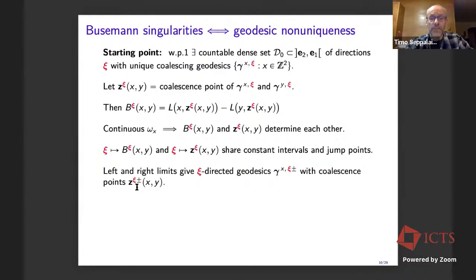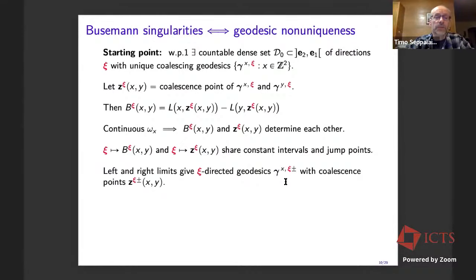You get the limits. So in other words, from this initial skeleton of geodesics in the good directions, we can now get a full collection of geodesics in all directions with this plus minus correction, because we don't know if limits coming from both sides actually come together. There can be jumps.